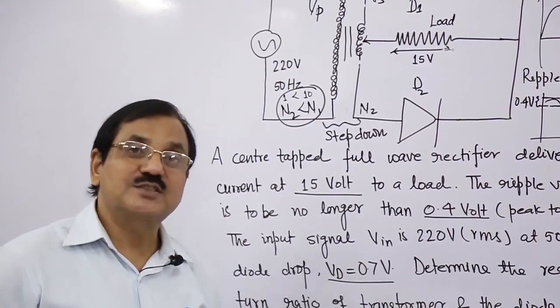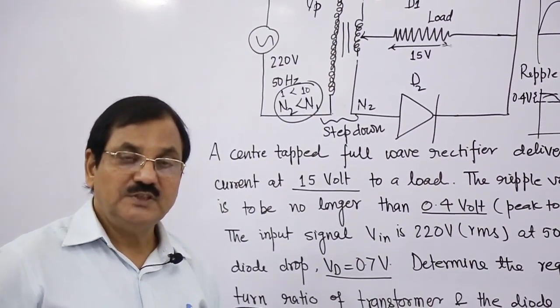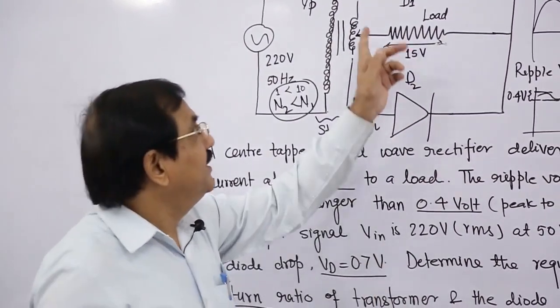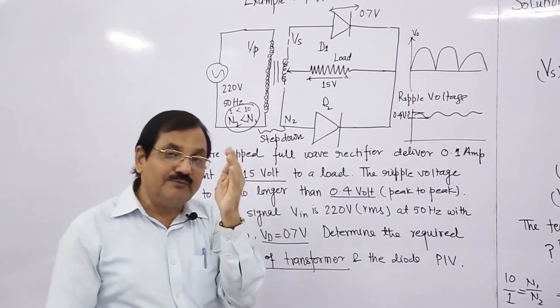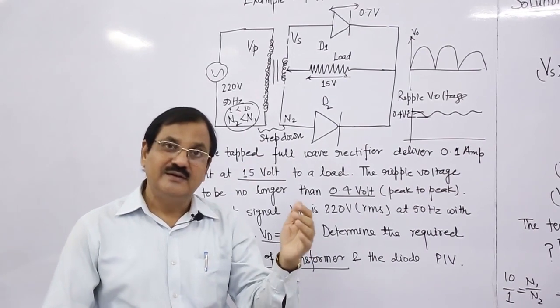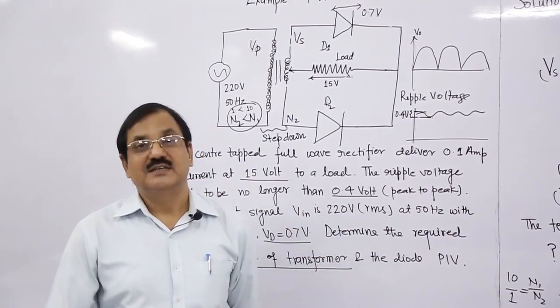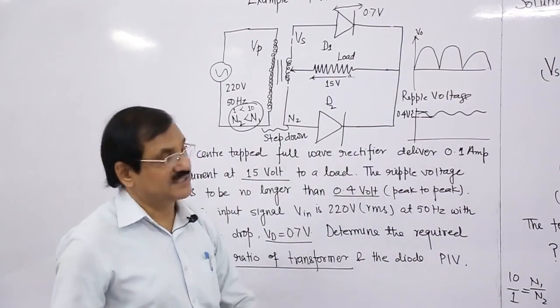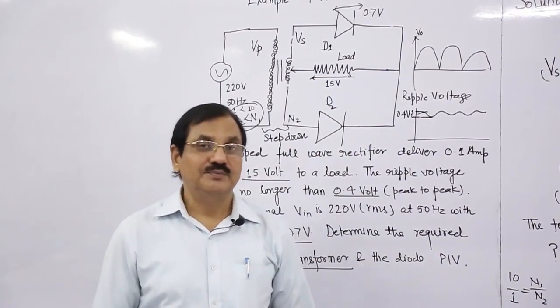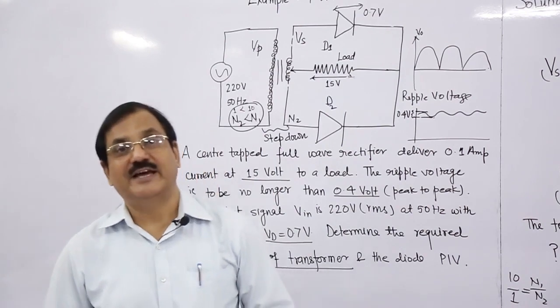So the beauty of this question is, we have to find out the distribution of the voltage, how the voltage is distributed across the several components along with the ripple factor. So this is about your full wave rectifier.